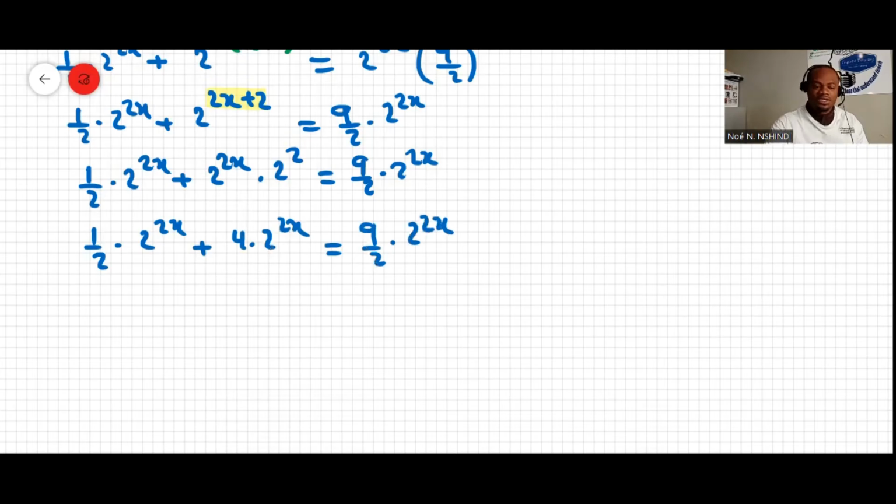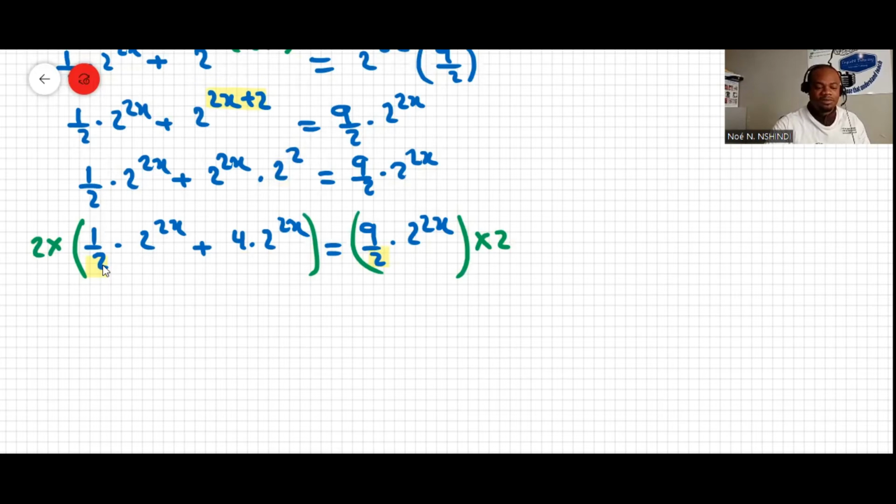Now it is an equation. We can get rid of the denominator 2 if we multiply the whole equation by 2. Why by 2? Because I wanted to get rid of this denominator.